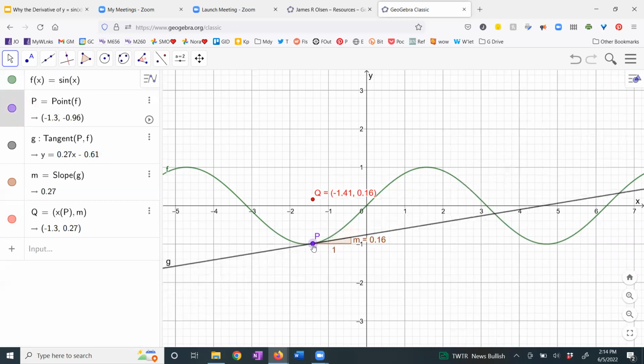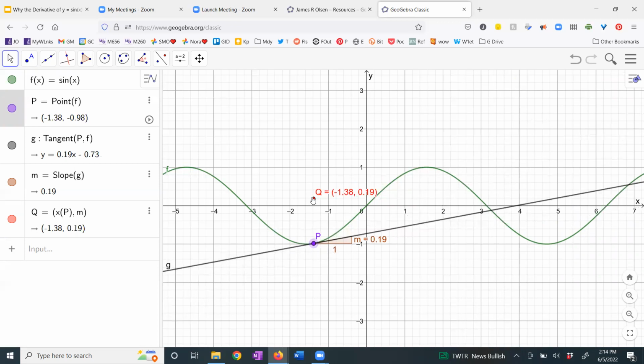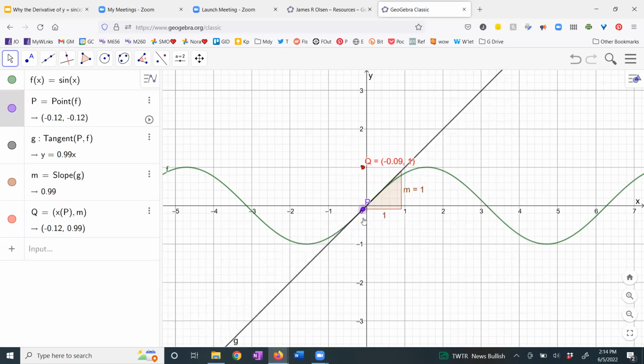So we have right here point P and point Q, and the slope is 0.19, and the y value of Q is 0.19. Right here at x equals 0, the slope is 1. It's a thing of beauty. When the slope is 1, rise and run are the same.